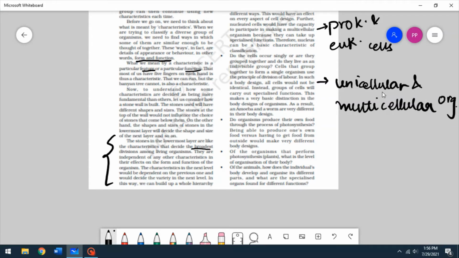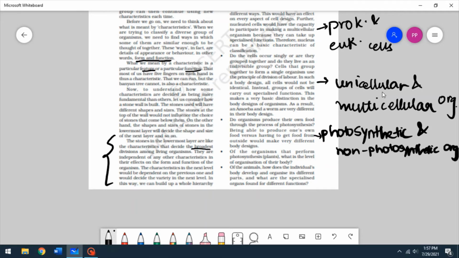Okay, so do organisms produce their own food through the process of photosynthesis? So this is how to differentiate between those that can perform photosynthesis, versus non-photosynthetic organisms. Photosynthetic organisms, alright?